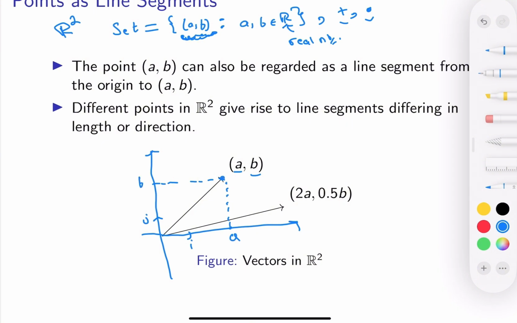And what you want to do is take double of A, so you move twice the length A in the x-axis to the right. So you're going to go up till here. And then you're gonna go half the amount B. It's not very accurate here. So this is the point that you get. So this is how we plot points, right?